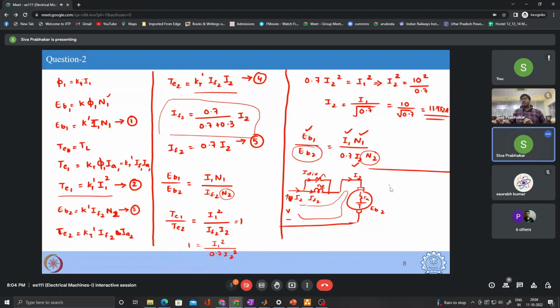So if you write KVL in this particular loop, in this bottom loop, I can write V equal to IF2 into RSC plus I2 into RA plus EB2. Just KVL in this particular loop.